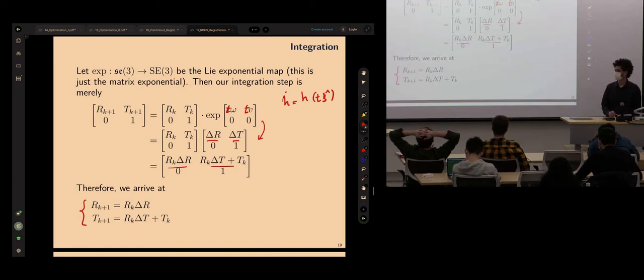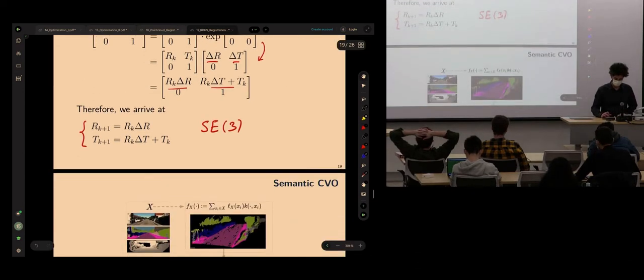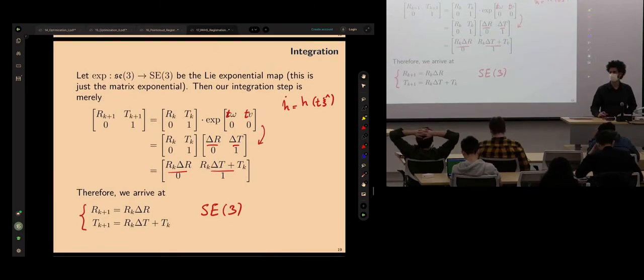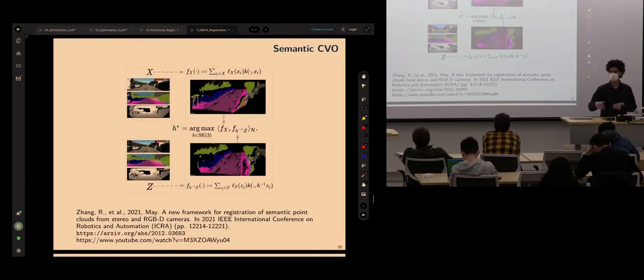The translation is the previous translation plus the rotated version of delta t. That is compatible with the SE3 group that we deal with. That's it. So we formulated the problem, and we solved the problem using one instance of solvers.